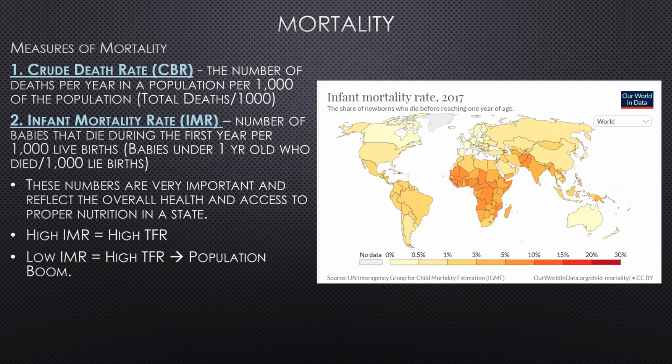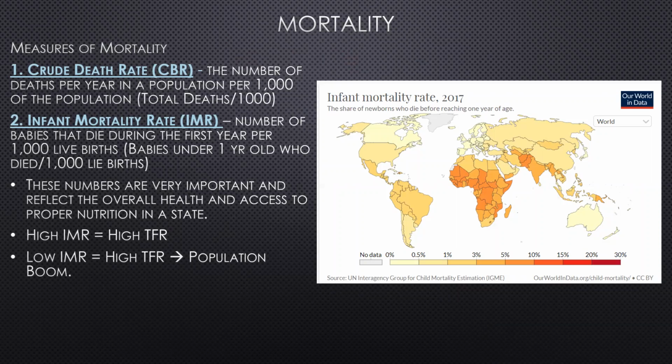So that being said, crude death rate, my bad, is what we're going to look at. That should say CDR, not CBR. CDR is the number of deaths per year in a population per 1,000 of the population. Pretty easy there. The global crude death rate in 2017 was 7.7, and it's been on the decline for the last 40 years.